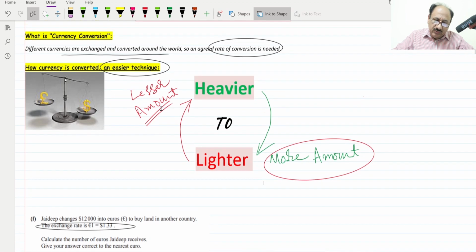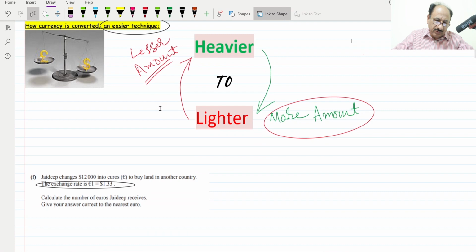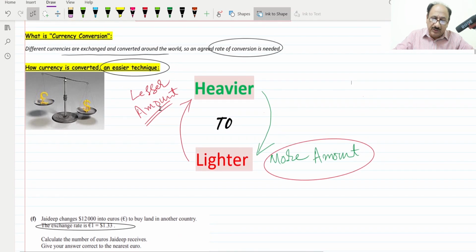Another thing you will have to keep in mind is whether the conversion rate is a whole number or more than one. Okay, this point we will understand while solving the question. So far I have explained that if you are converting from heavier to lighter, we will be getting a bigger answer, a more amount.